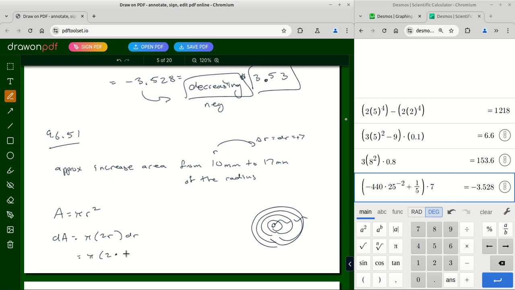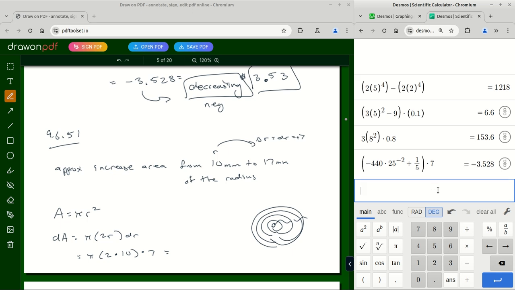So 2 times 10, and then I multiply by 7, and I get a number. Let me go ahead and find it for you so I feel legitimate today. Pi times 20 times 7. That's what I got. So 439.82. Good enough. And this is millimeters squared. There you go. And we're done.